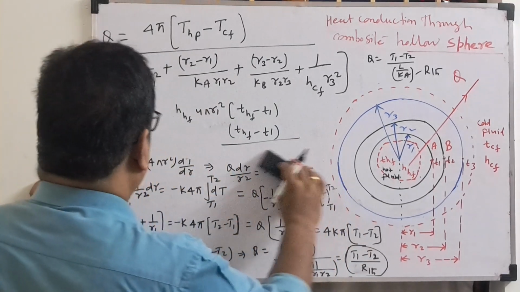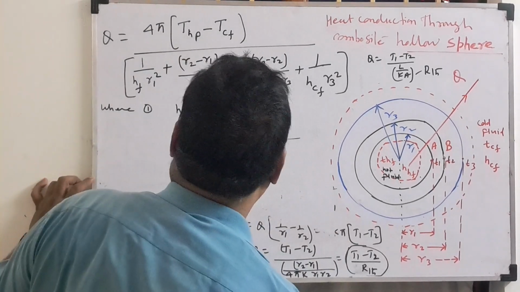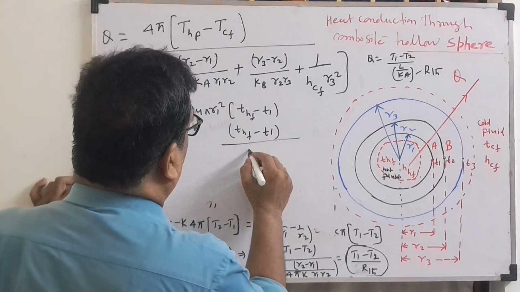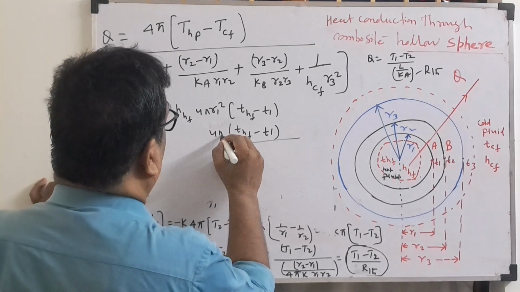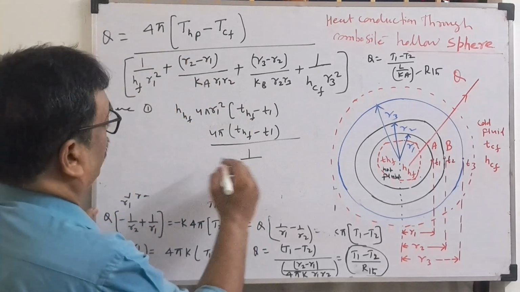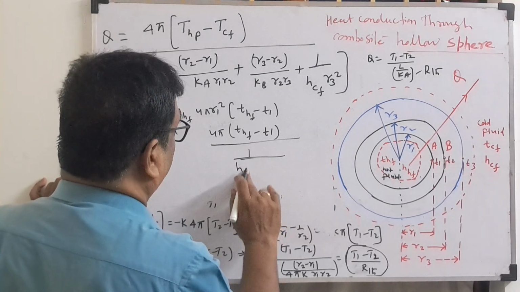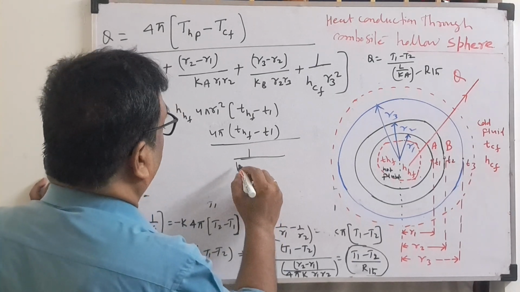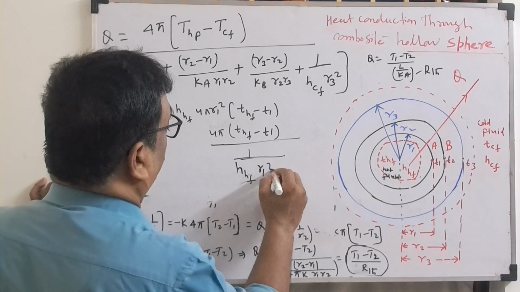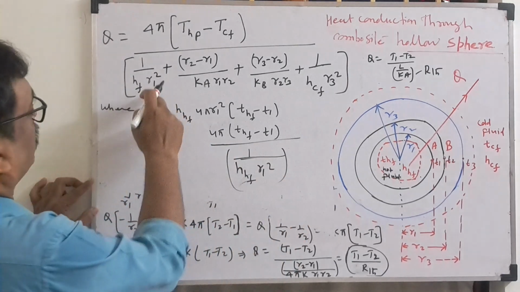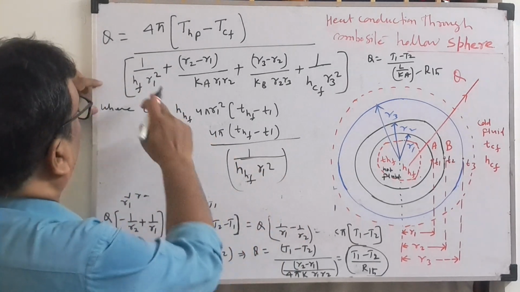Then next, 1 by, if you take 4 pi here, because I am taking 4 pi everywhere, what will be the thermal resistance? Hot fluid, HF, the heat transfer coefficient for the hot fluid, and R1 square. So this only you wrote. Now see here, HF R1 square.